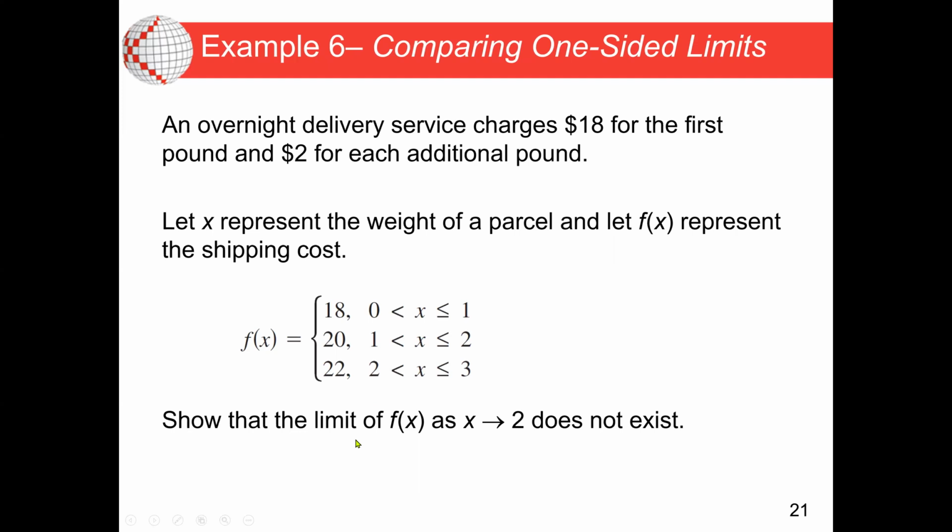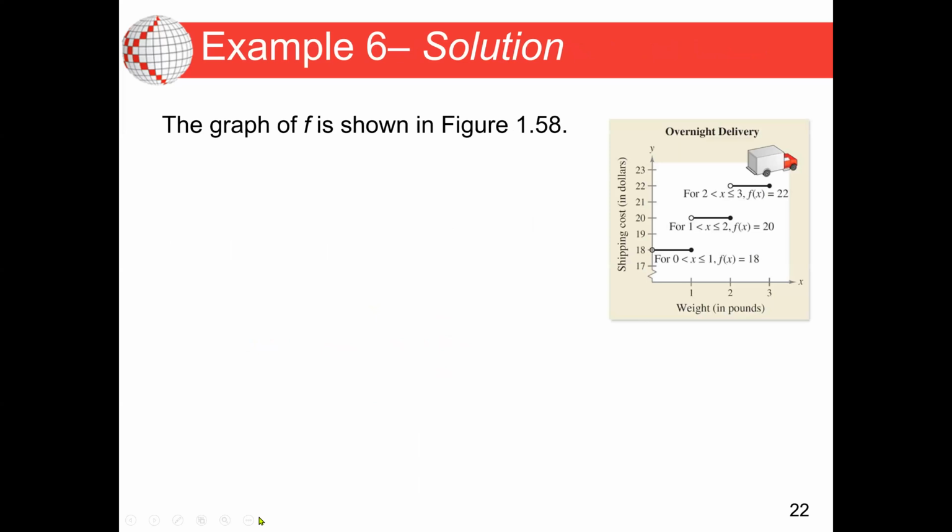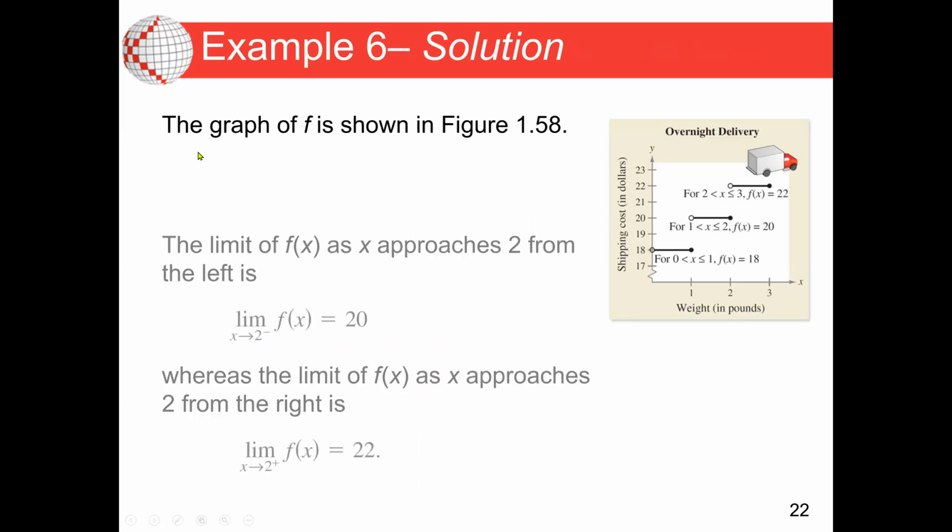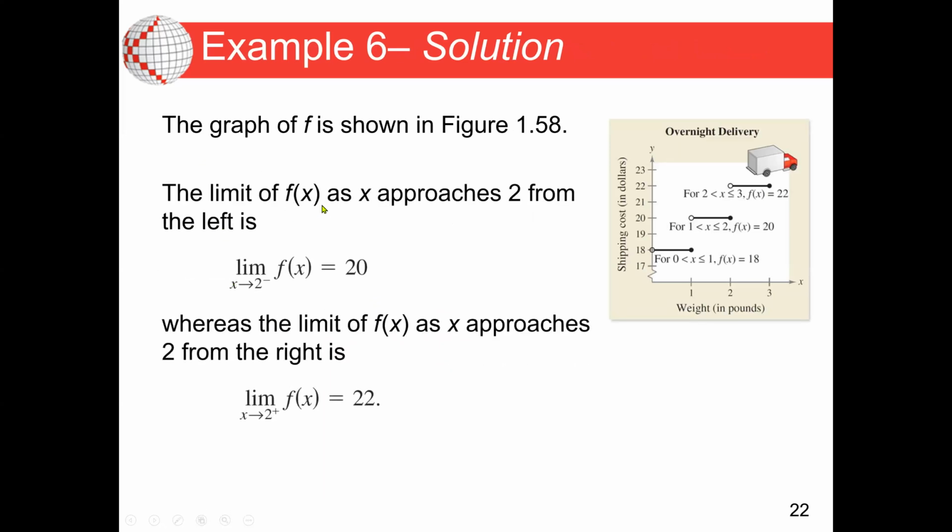Now they say we should show that the limit of f(x) as x approaches 2 does not exist. So when we plot the graph, we can see that the limit of f(x) as x approaches 2 from the left is equal to 20, whereas the limit of f(x) as x approaches 2 from the right is 22, as we can see from the values on the graph.